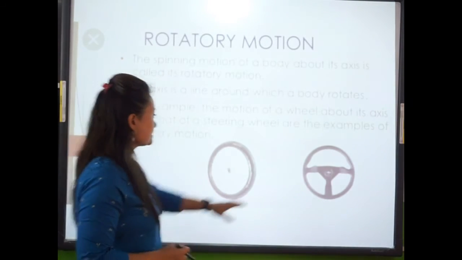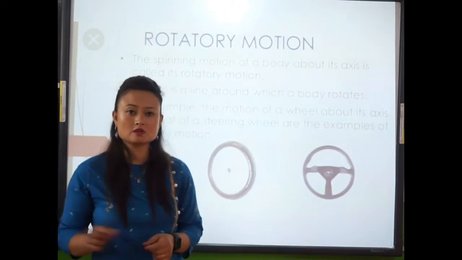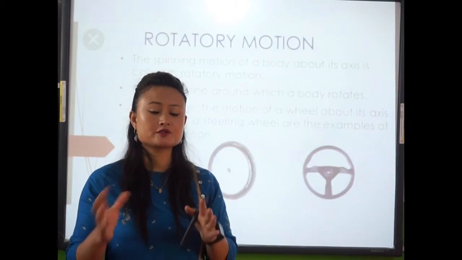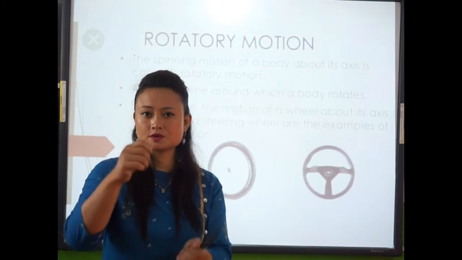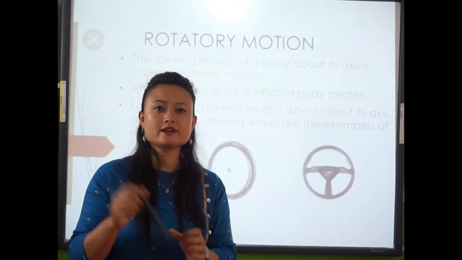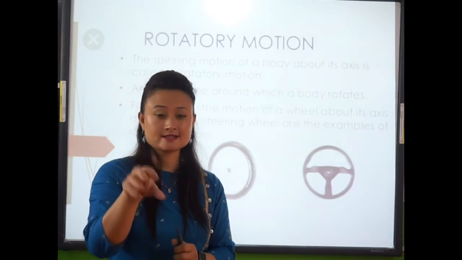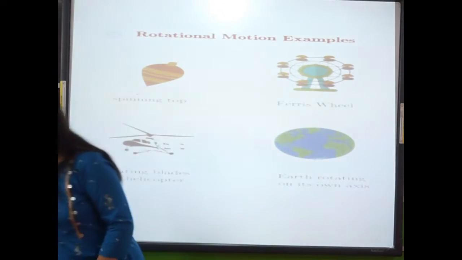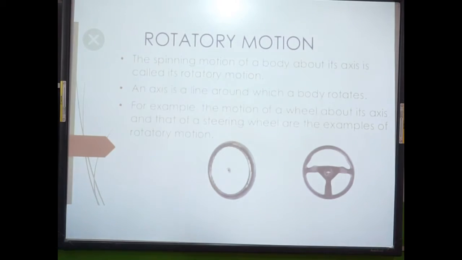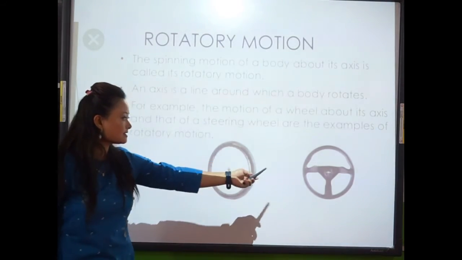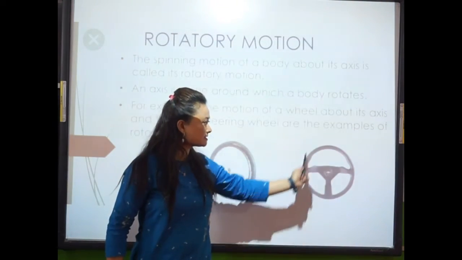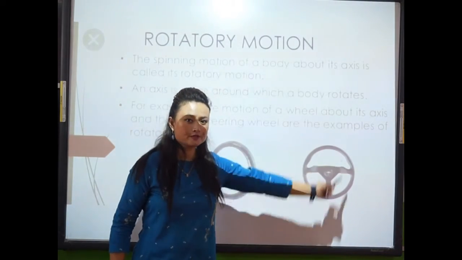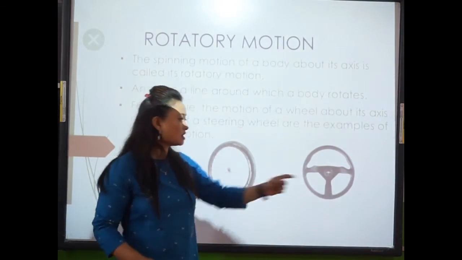Some examples: the steering wheel. You've seen the steering wheel when drivers drive the car. Those steering wheels have a fixed end at the center. This is the fixed axis, and only the circumference, the edge of the steering wheel, moves, not this.